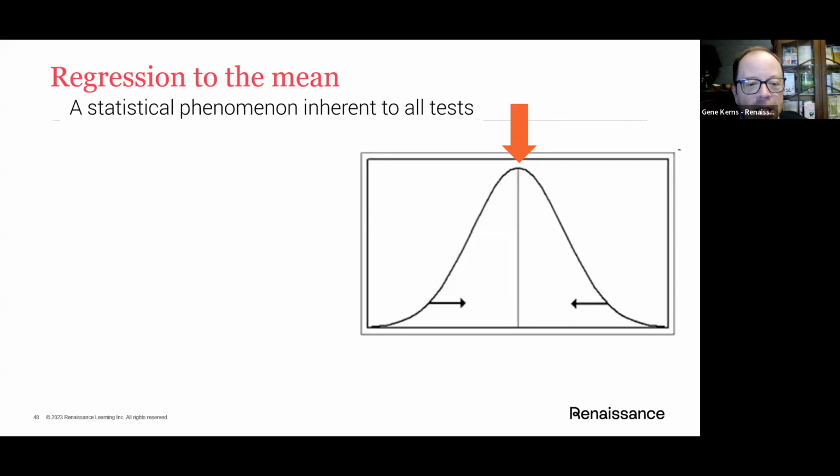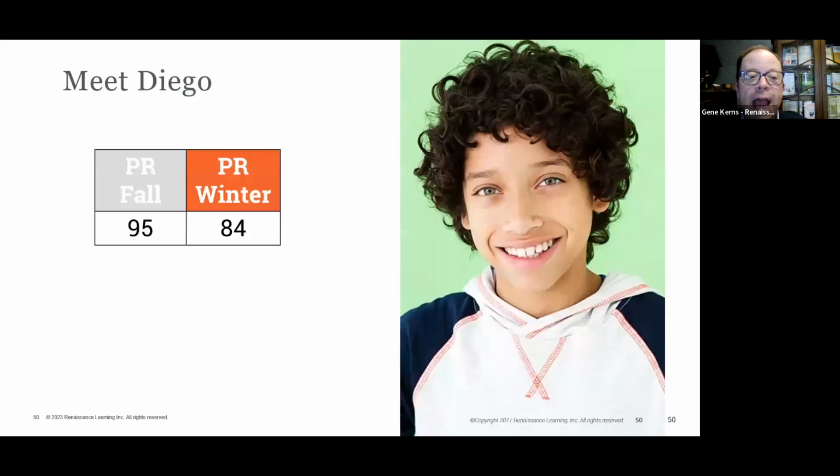So in the case particularly of a high performing kid like Diego, who starts out at a really high percentile rank of 95, anybody that's ever worked with honors kids knows it's hard to keep them up there. It's hard for them to sit down time after time after time and get just as high a score.